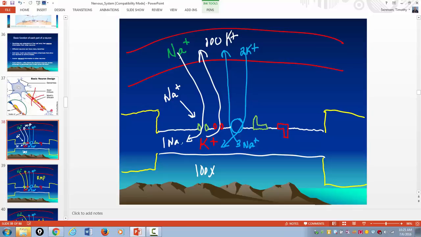So how I like to do it in my class, and the students kind of balk at this, but I think it's a great idea, is I tell them that every day, the student would be the inside of the node of Ranvier. Every day when they come into class, they have to give me $100.